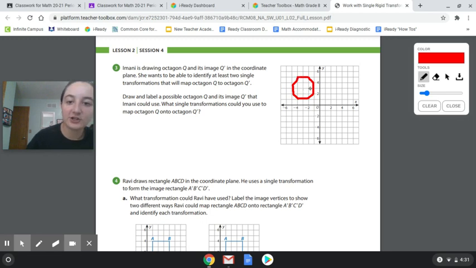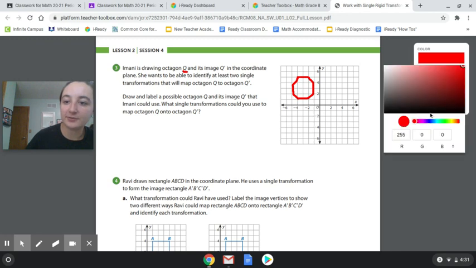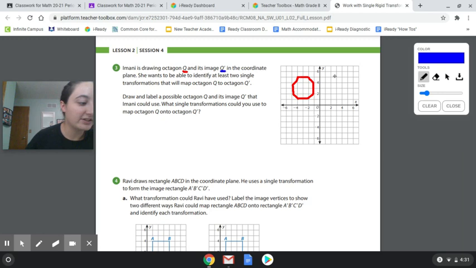This will be our Q. Now we need to do Q prime, so I'll make that blue. So let's say we want to put that here. That's our Q prime.